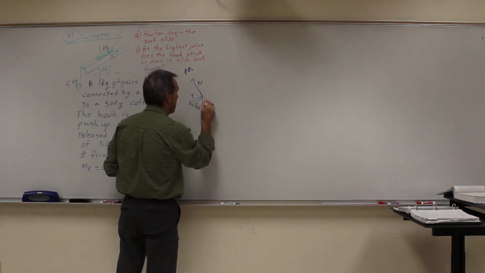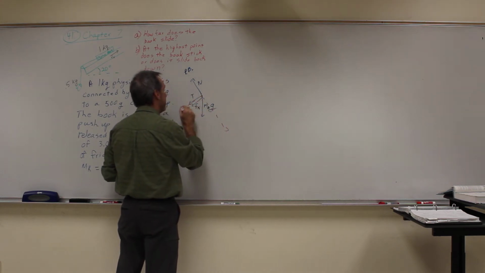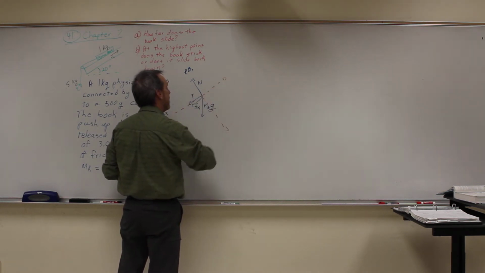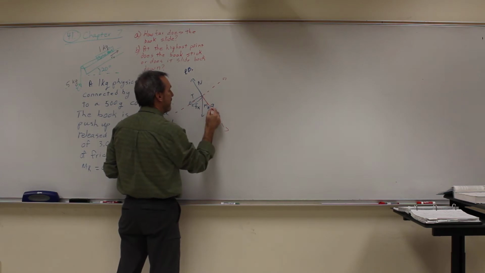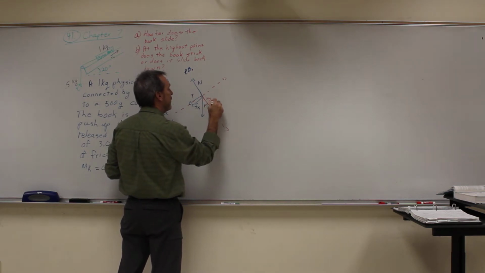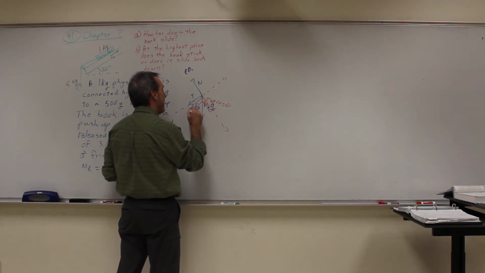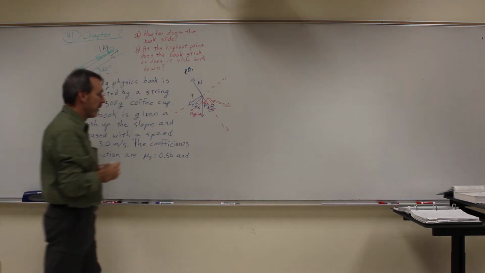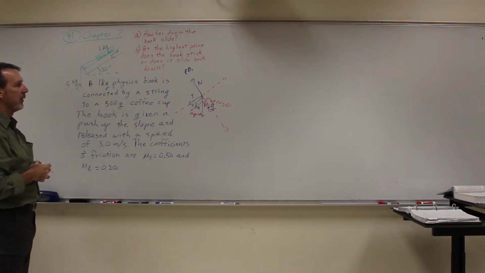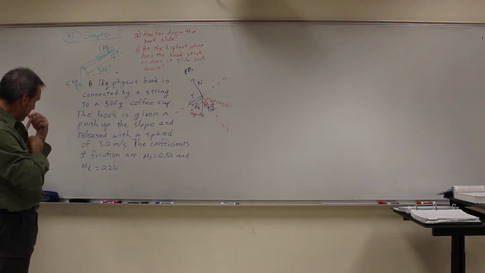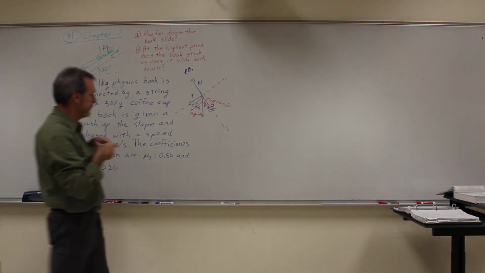So we do our coordinate system, and we have to break up gravity, so we have m_b g cosine theta. Remember, this is our angle theta. And we have m_b g sine theta going this way. All right, let's do the coffee cup.